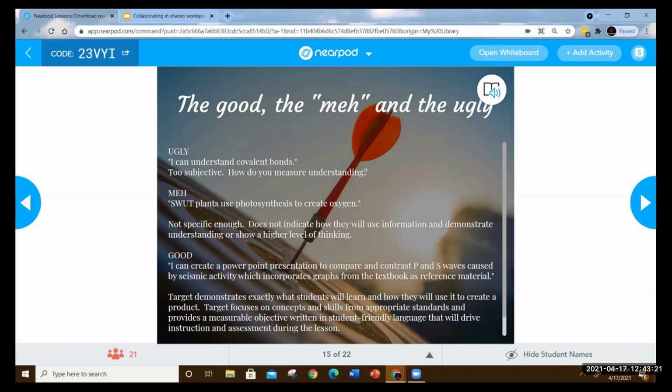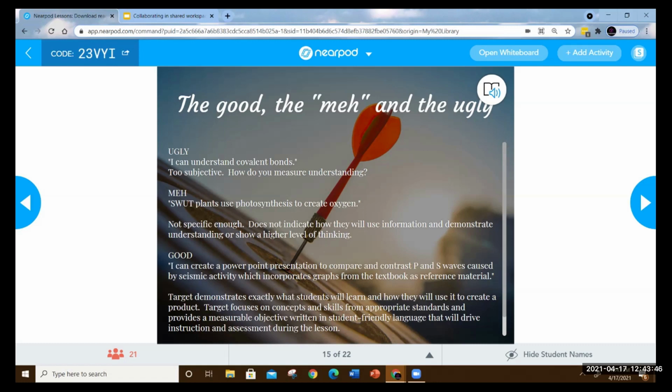Remember, SWOT stands for students will understand that plants use photosynthesis to create oxygen. Well, that's all well and good, but that's just a regurgitation of information. It's not specific enough. It doesn't tell you how they use the information to demonstrate their understanding, nor does it show a higher level of thinking.